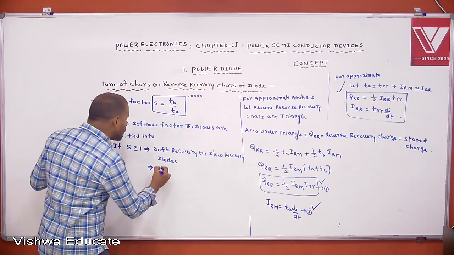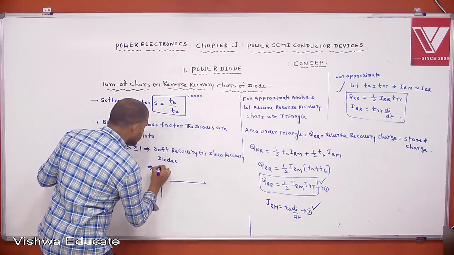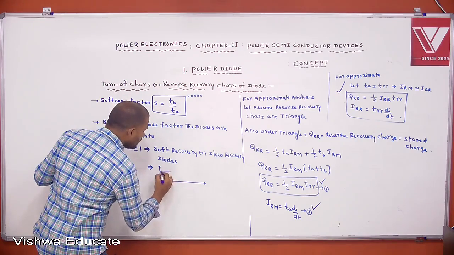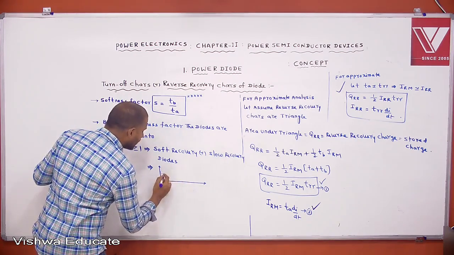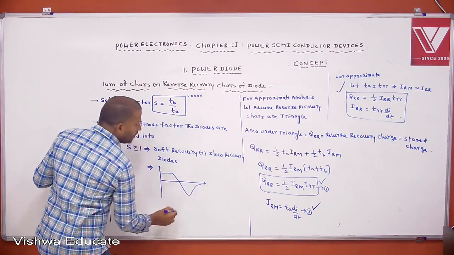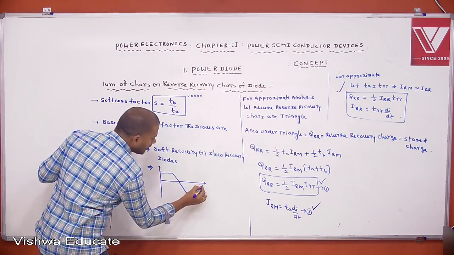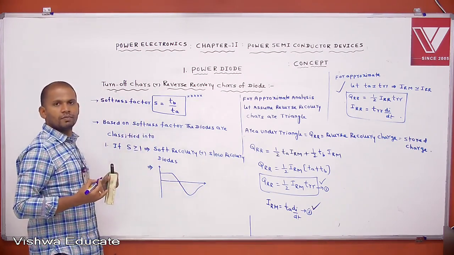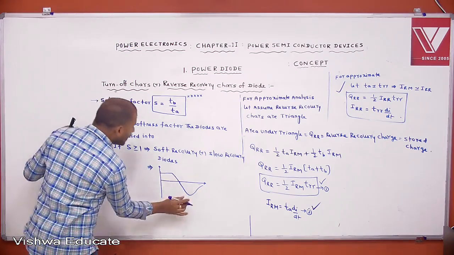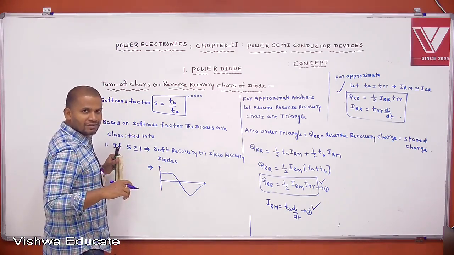Soft recovery or slow recovery diodes means, during the turn off process, this is the characteristic: it takes more time for the recovery process. Slowly it recovers. Because of soft or slow recovery, the turn off time increases.